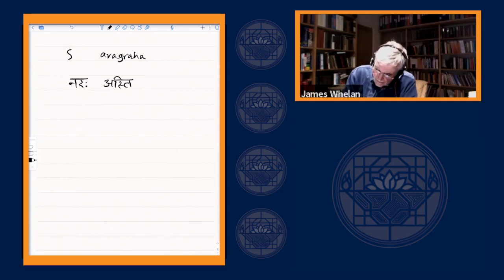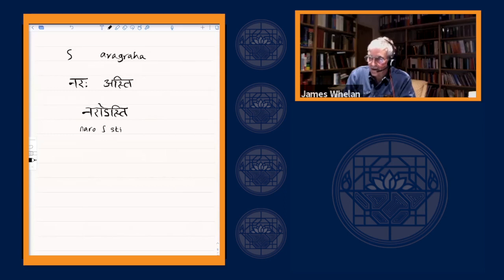With the sandhi, watch this now: naro 'sti. Look here, naro, then this avagraha, and then sti. So this avagraha indicates that the a has been dropped out.